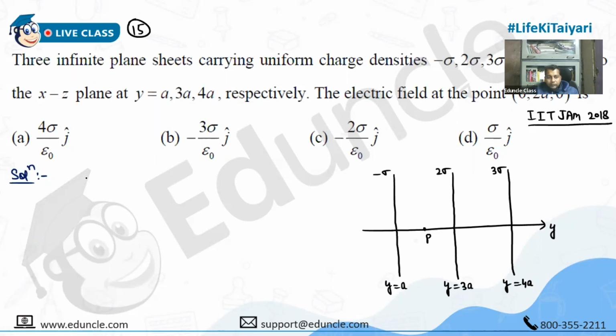So it will be sigma by 2 epsilon naught j cap minus sigma, in fact. And because it is to the left of this one, so again minus. Because it will be repelled. This will attract, this will repel, this will also repel.